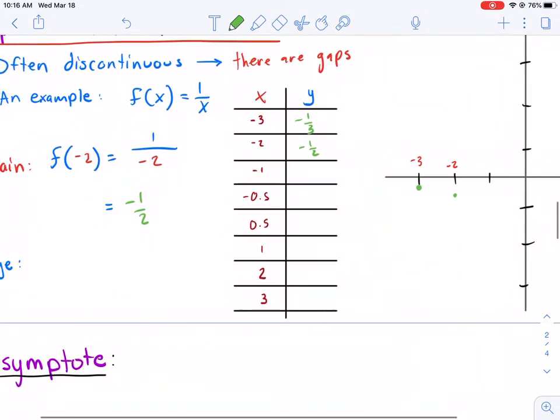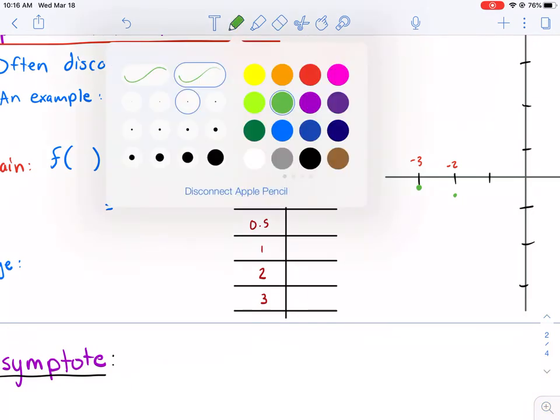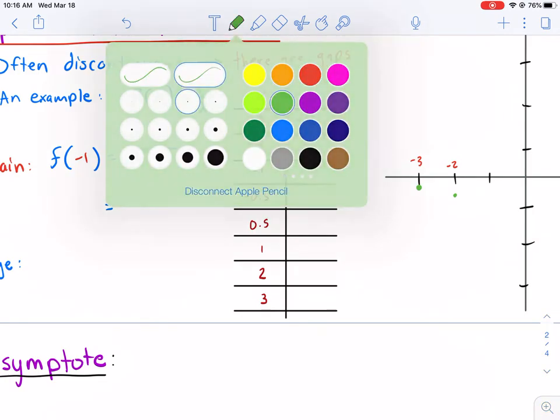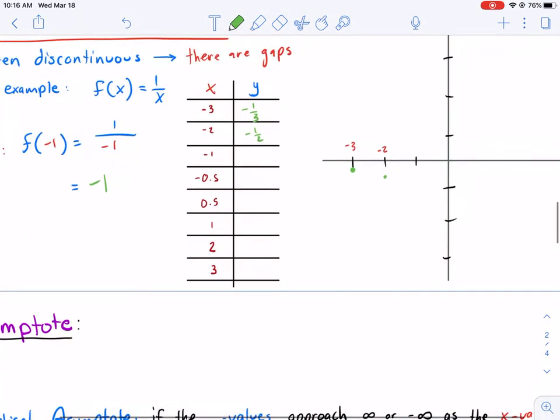And this is a pattern. Now I'm going to input -1 for x. What do I get? I get -1 for y. So now I'm a little bit lower.